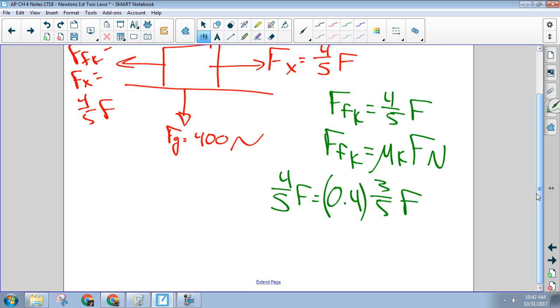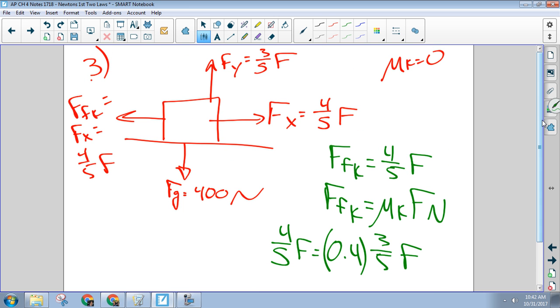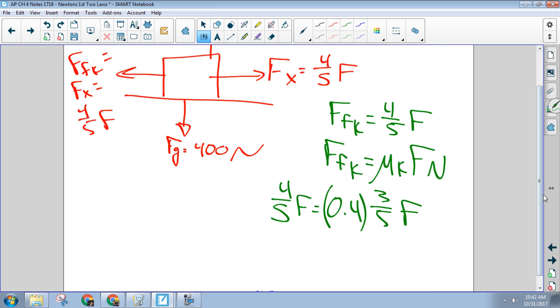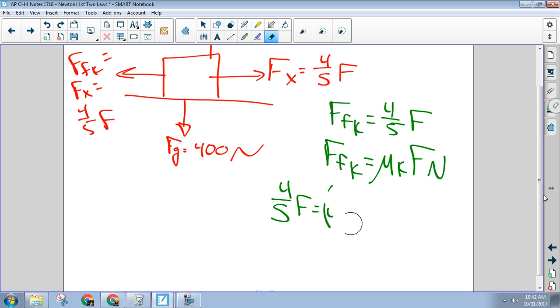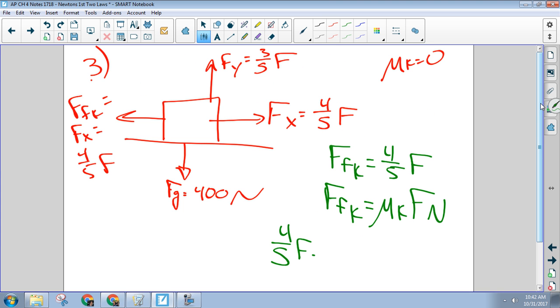Dang it. My free body diagram's wrong. I forgot my normal force. So my normal force should be 400 minus 3/5 F, right?